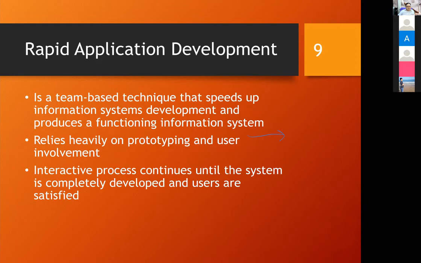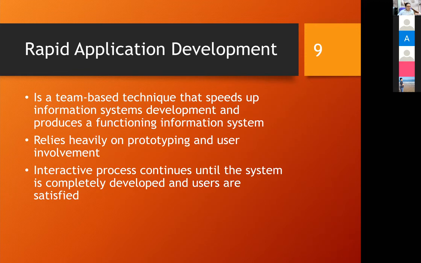The next one, when we talk about RAD, or rapid application development, what is it? RAD is a team-based technique. This technique speeds up information system development, and it also produces a functioning information system.